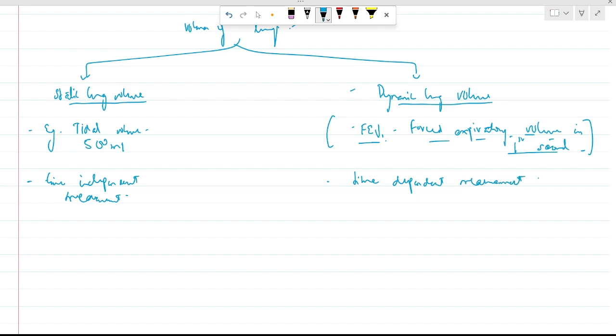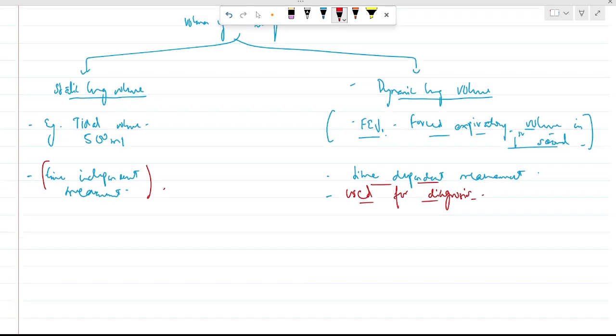Very simple. And also the importance here is the dynamic lung volume is used for diagnosis. Time dependent and used for diagnosis, whereas static volume is time independent, okay. Let's start with our static lung volume discussion, okay.